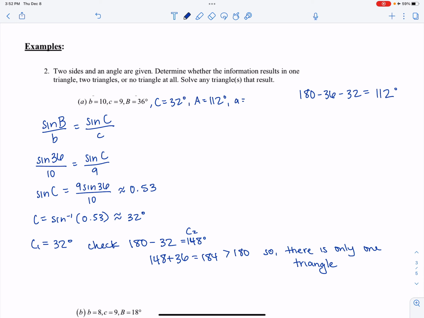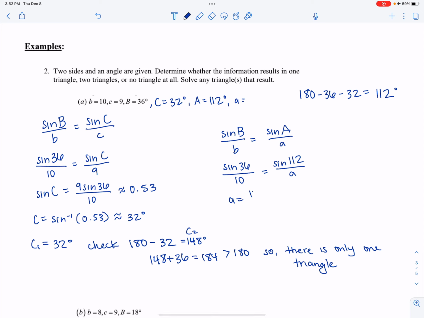To find side A, we can do sine B over B equals sine A over A, which would give us sine of 36 over 10 equals sine of 112 over that missing A. Cross multiply.